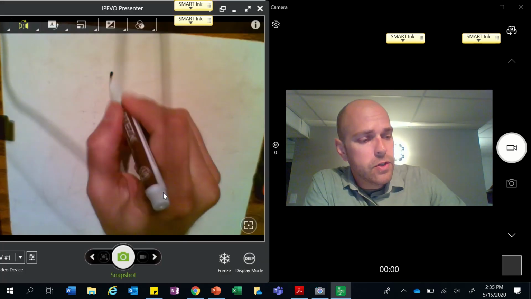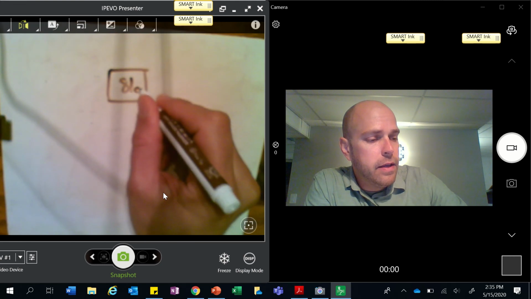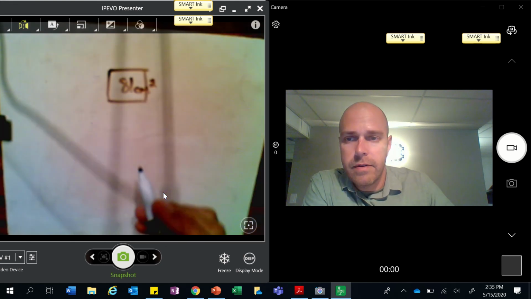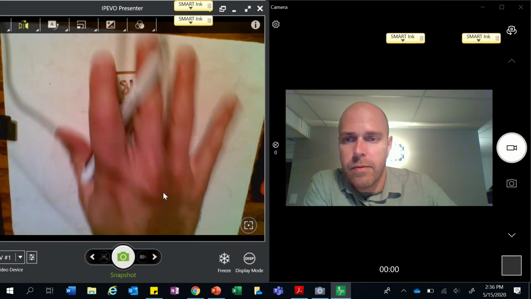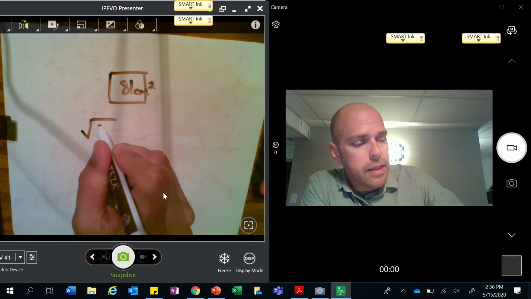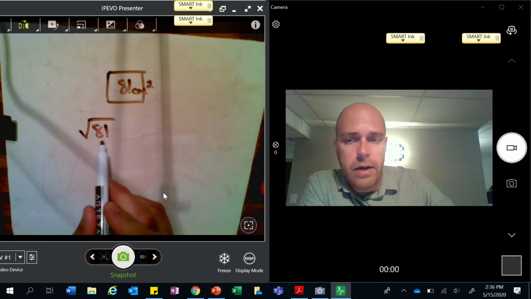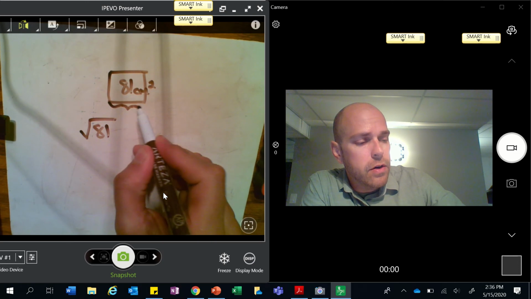If I gave you a square and it had 81 centimeters squared, that's the square. Can you now find the root? So the root, we write it like this. This means if I have a square that's 81 squares, what is the root, or what is the measure of one side?